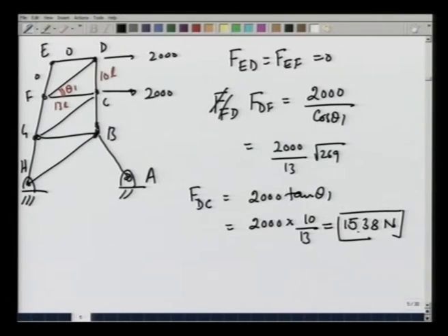Similarly, the F_DF comes out to be 23 newtons.